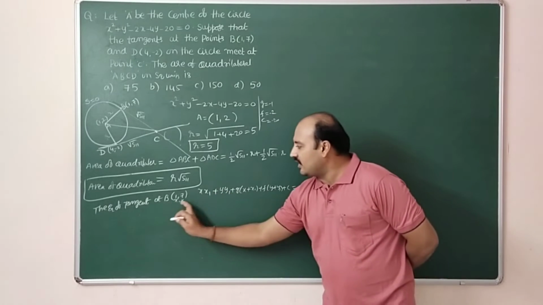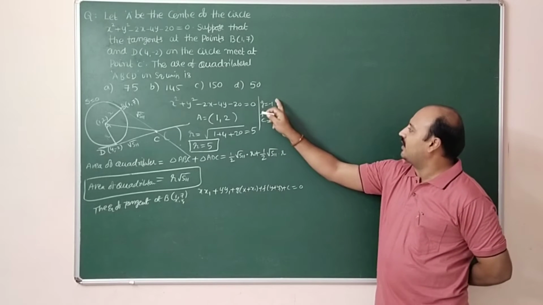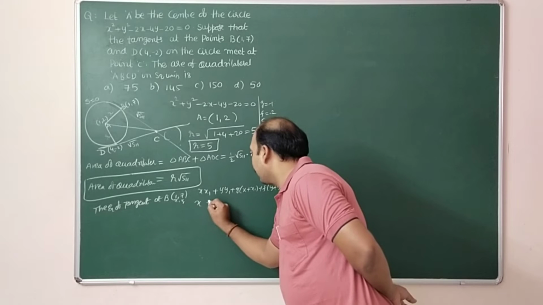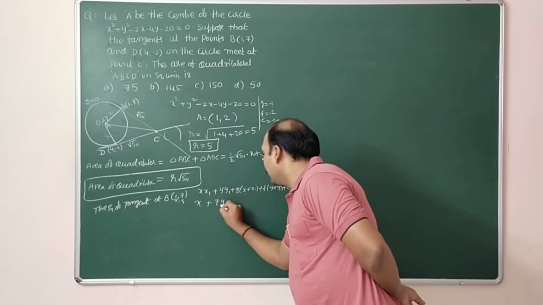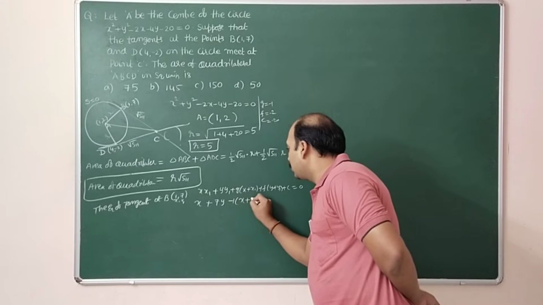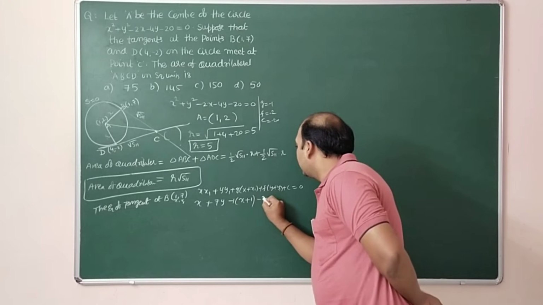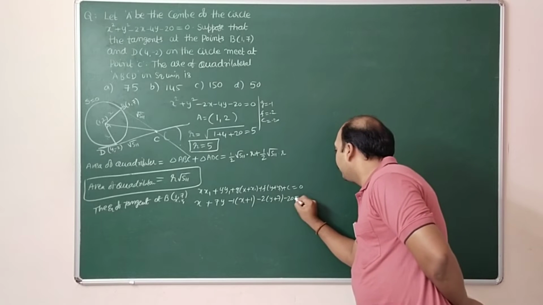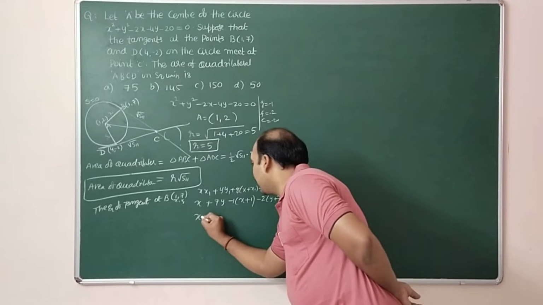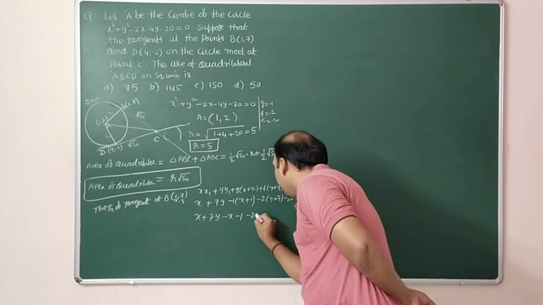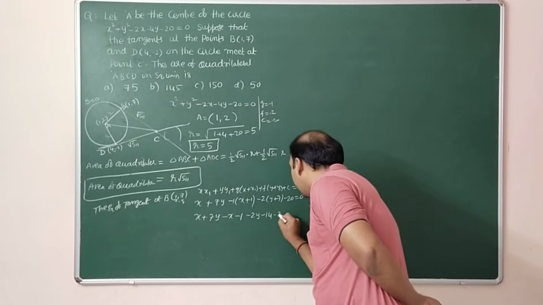In place of x1, y1, (1, 7); g, f values are minus 1, minus 2, minus 20. x into 1, 7 into y, g value minus 1 into x plus 1, minus 2 into y plus 7, minus 20. So x plus 7y, minus x, minus 1, minus 2y, minus 14, minus 20.